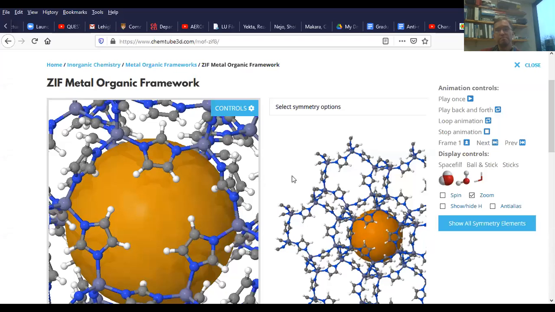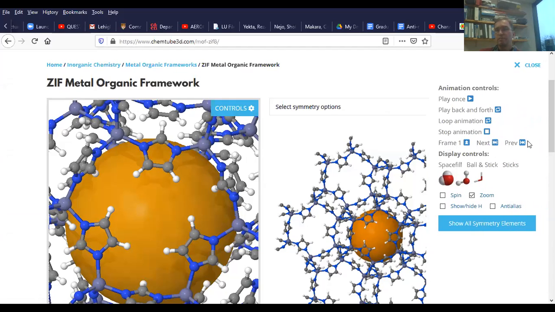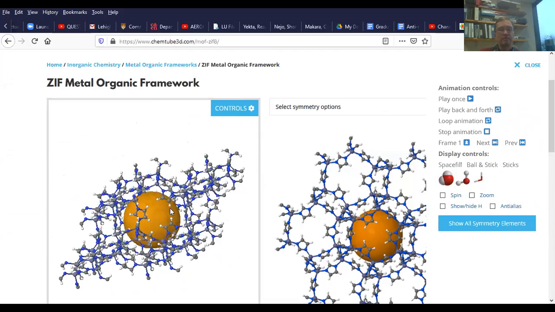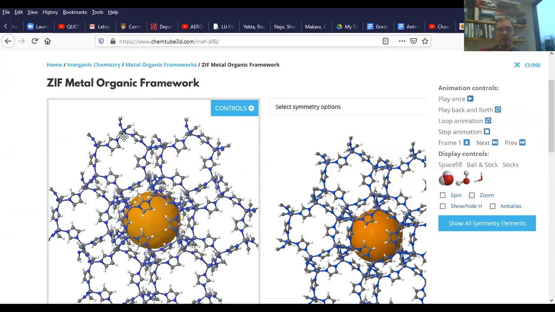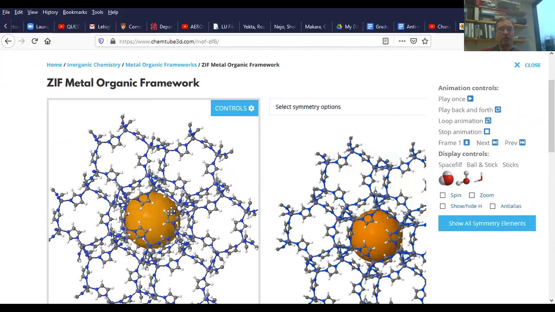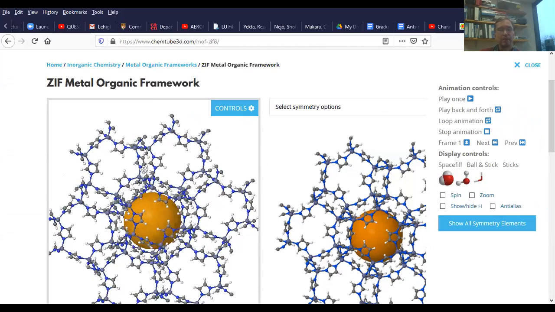Okay, so this one is called ZIF-8. Let me zoom this out a little bit. And you see here again that we have a highly porous structure in which imidazole links zinc 2 plus cations.